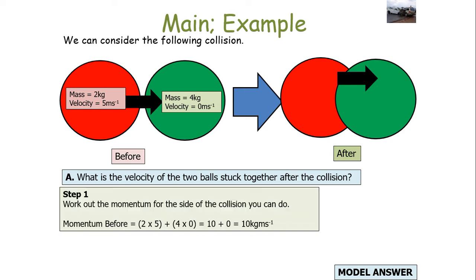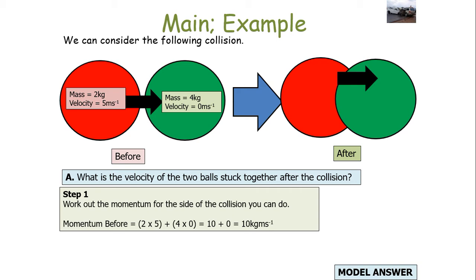Step 1, work out the side of the collision that you've got enough values to work out the momentum for. In this example, we've been given enough information to work out the total momentum before the collision. So we say 2 times 5 plus 4 times 0, so that's 10 plus 0, so the total momentum before is 10 kilogram meters per second.